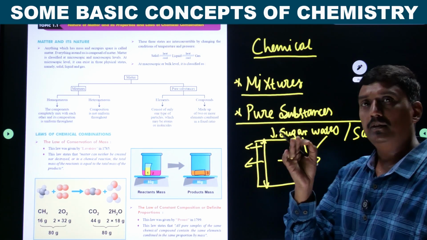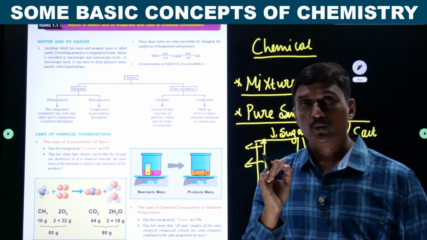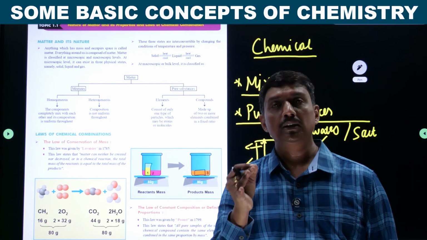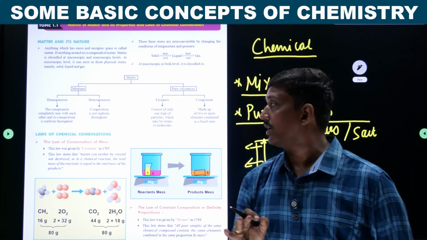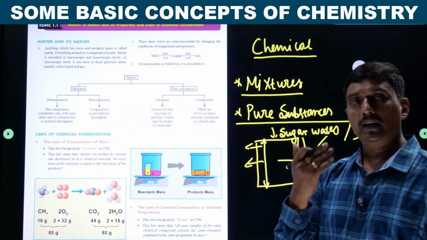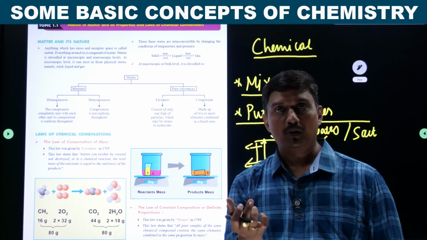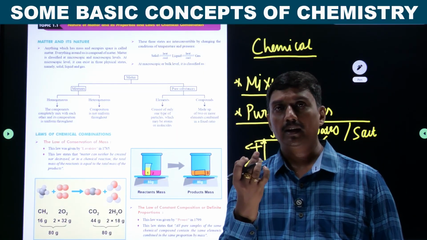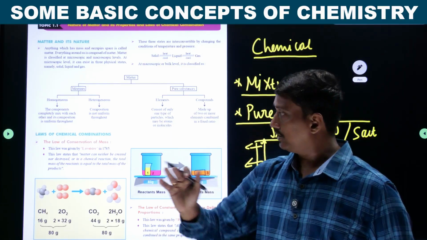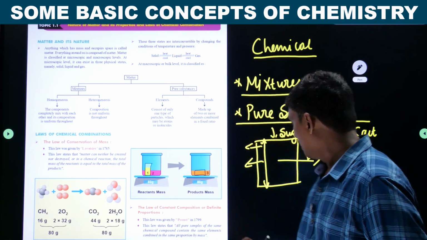Any part you take, the composition remains the same. Where the solution shows uniform distribution of the components and the same composition, it is said to be a homogeneous mixture. Examples: salt water, sugar water, HCl solution, nitric acid solution, copper sulfate solution.